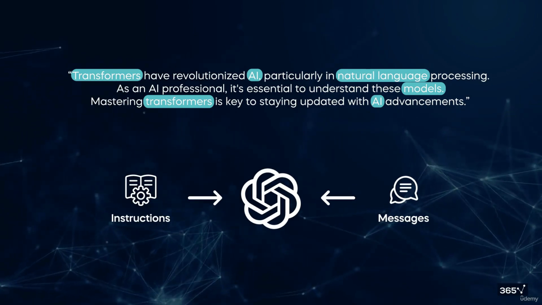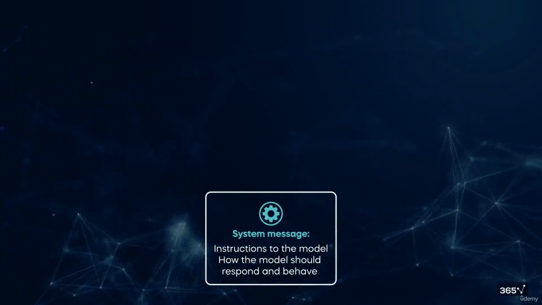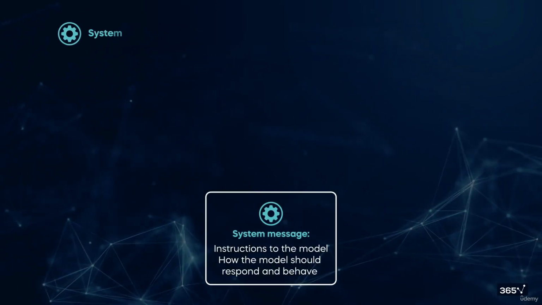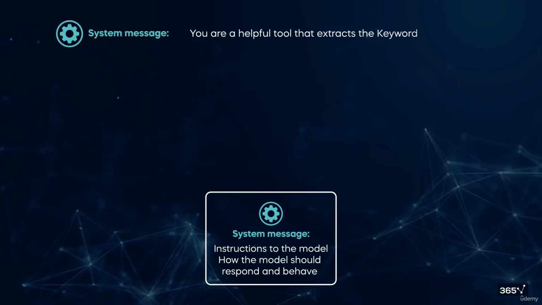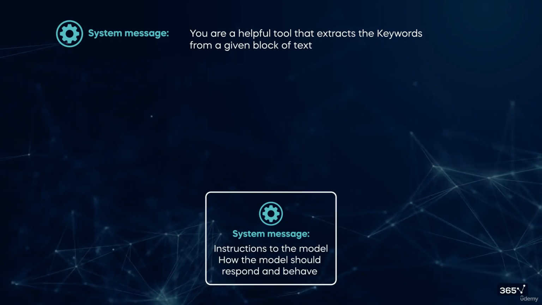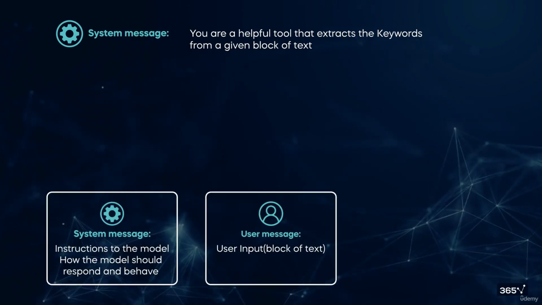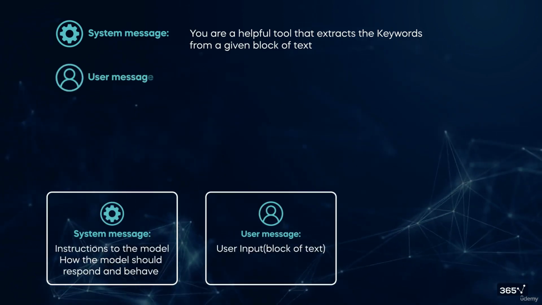There are 3 roles that can be used for messages. The first messages are system messages. These messages provide instructions to the model on what you want it to do and how it should respond and behave. The second type of message is a user message. This is an example of a user input.